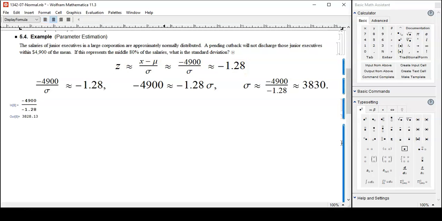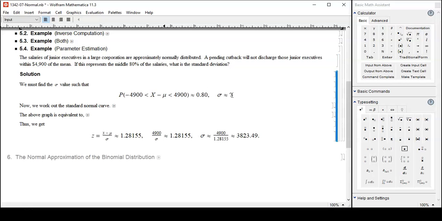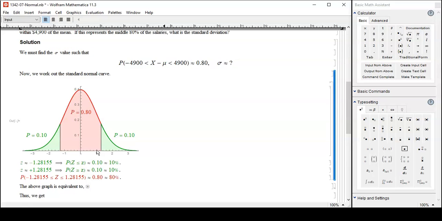Let me show you the full solution. The middle 80%: by symmetry, we have 10% here and 10% there. Usually I like to work with the left-hand side endpoint for a normal distribution. Looking up the z-table, I got negative 1.28. Here I used Mathematica, so I have negative 1.28155, but the z-table gives about negative 1.28.